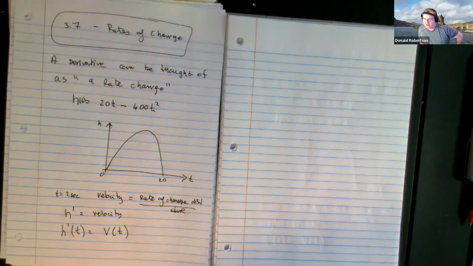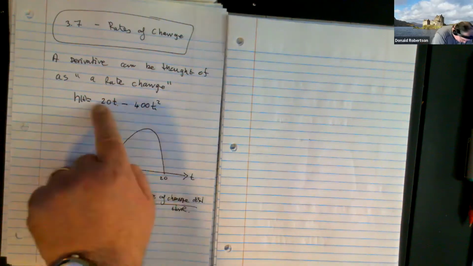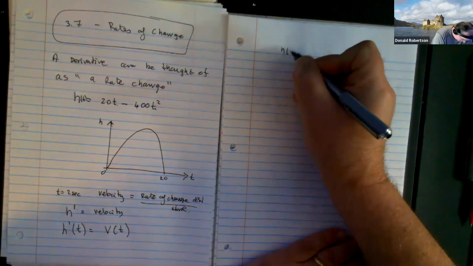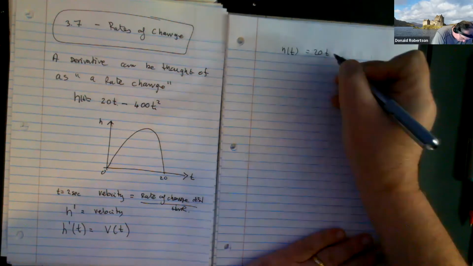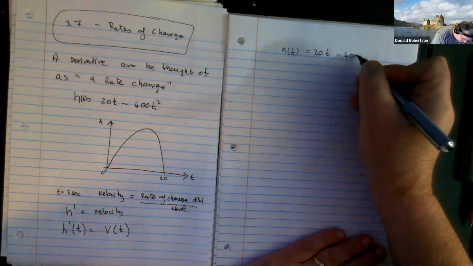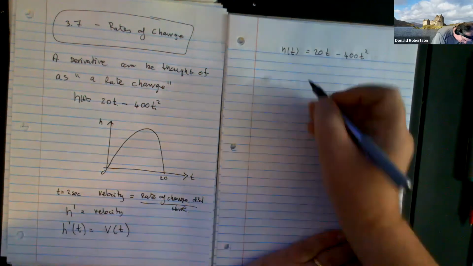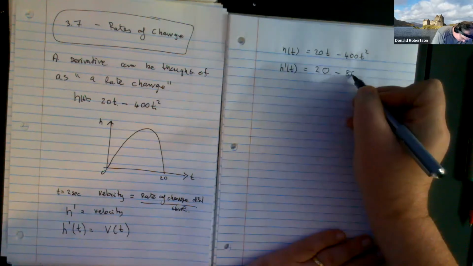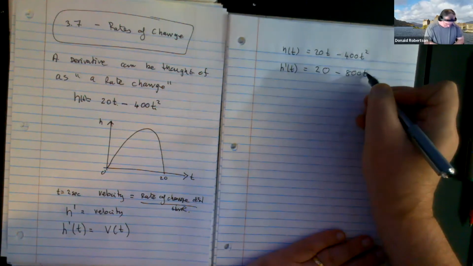You just need to differentiate the position function, in this case, it's height. And what do we get? Well, h of t is 20t take away 400t squared, and the derivative at any given time is 20 take away 800t.